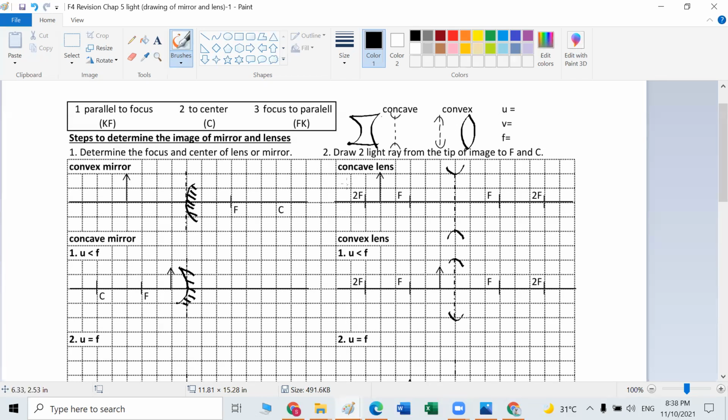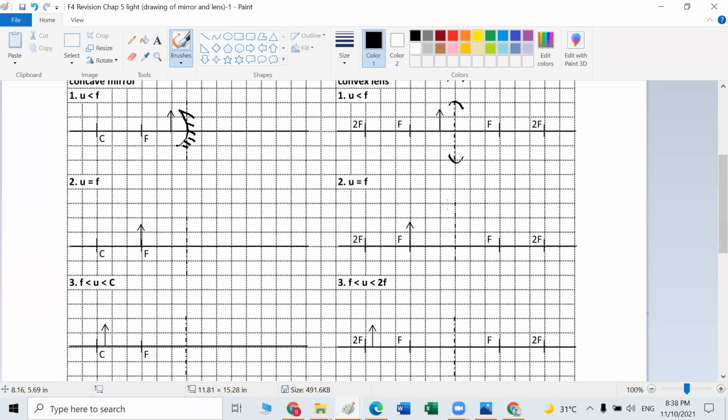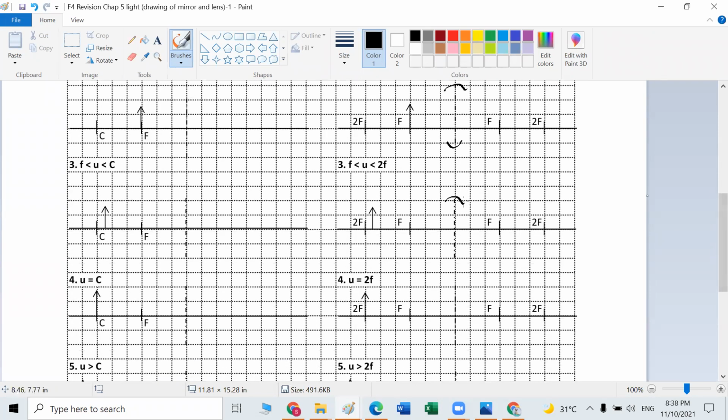Now, okay, so now concave lens and convex lens. Concave lens, only one characteristic. Convex lens got a lot of characteristics.